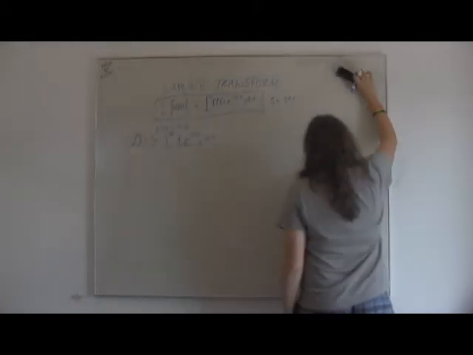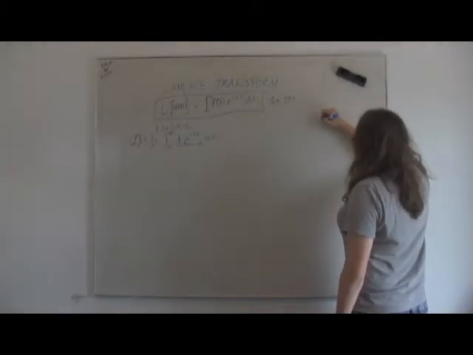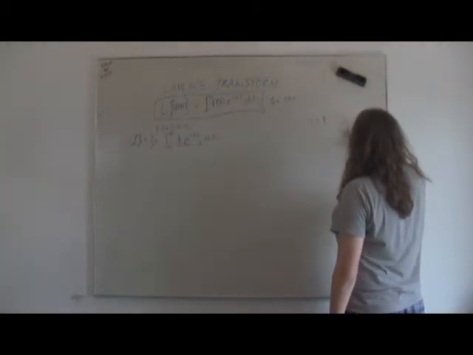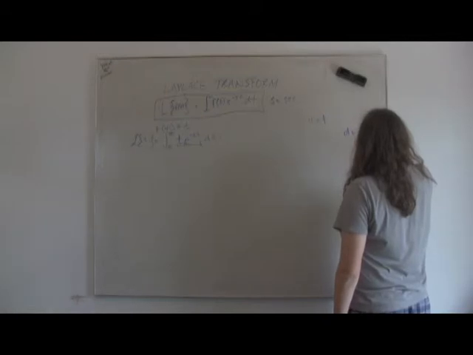So let's set t equal to u, and e to the negative st be v prime, or dv.